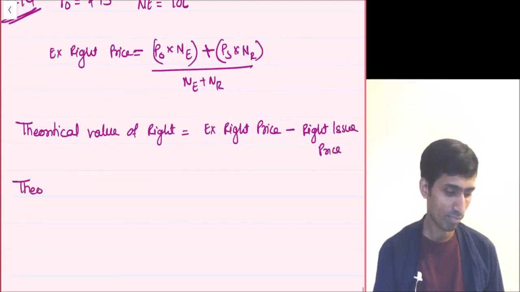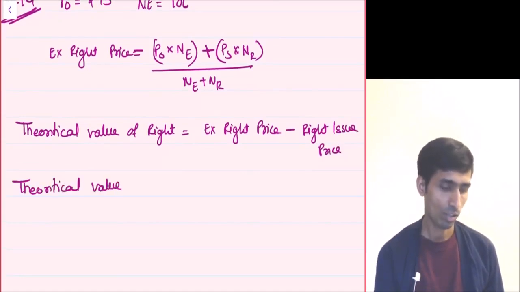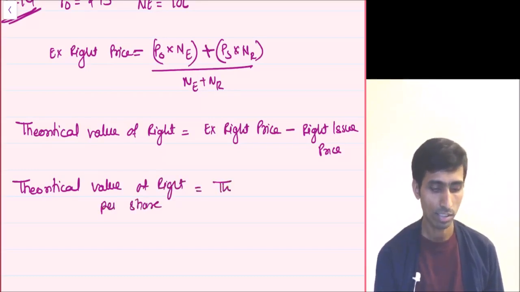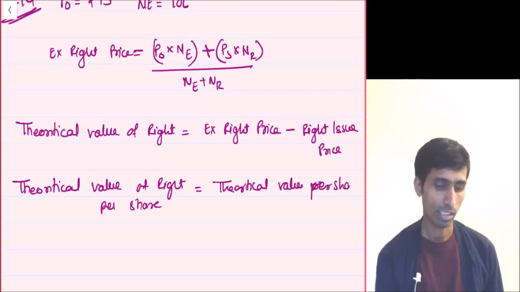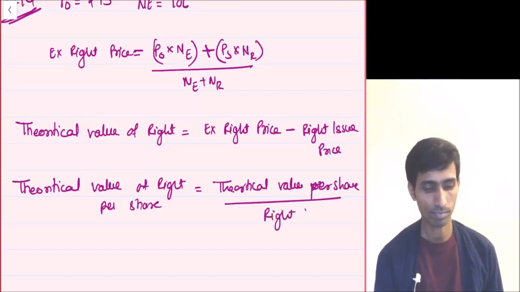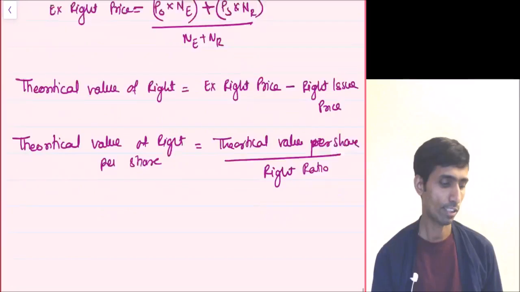Theoretical value of right per share, this was the formula. Again I am writing the formula so that you can understand and remember. Theoretical value per share divided by right ratio. Let us do this.